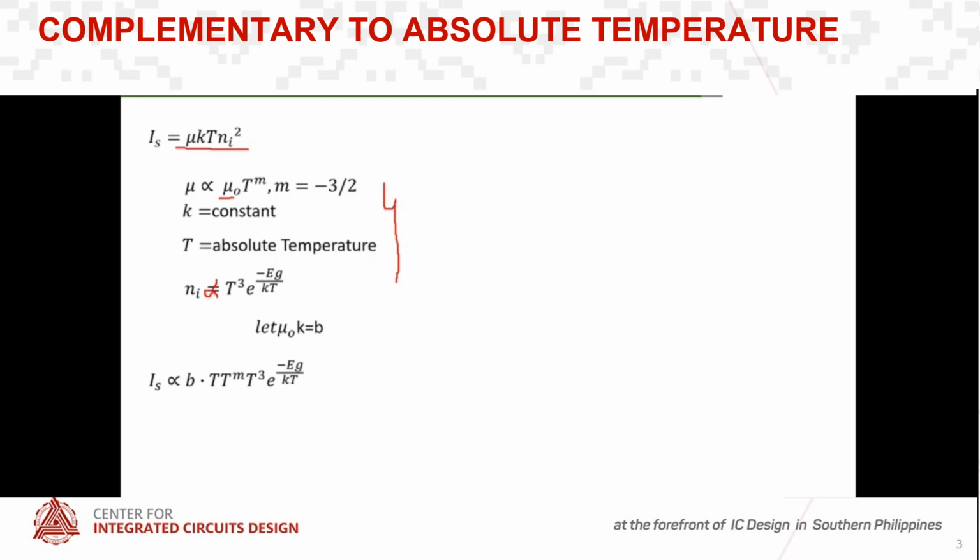And with that, we can say that this will be our reverse saturation current. By adding the terms by the law of exponents, Is is proportional to b times T raised to the power of 3 plus m, e raised to negative Eg over kT.